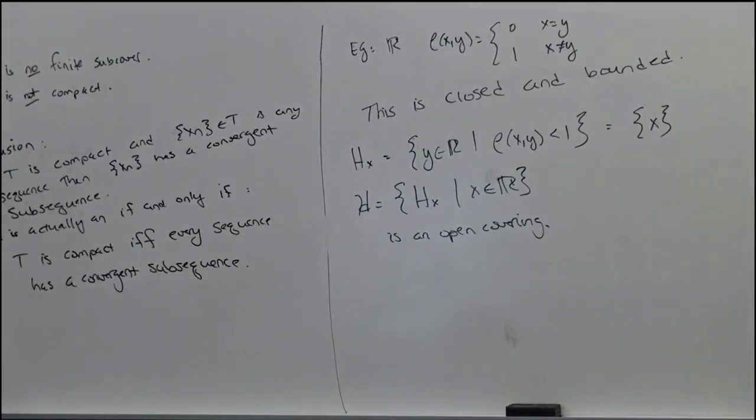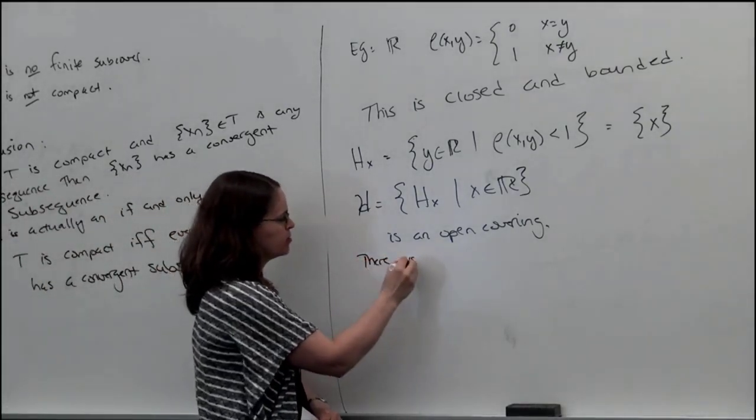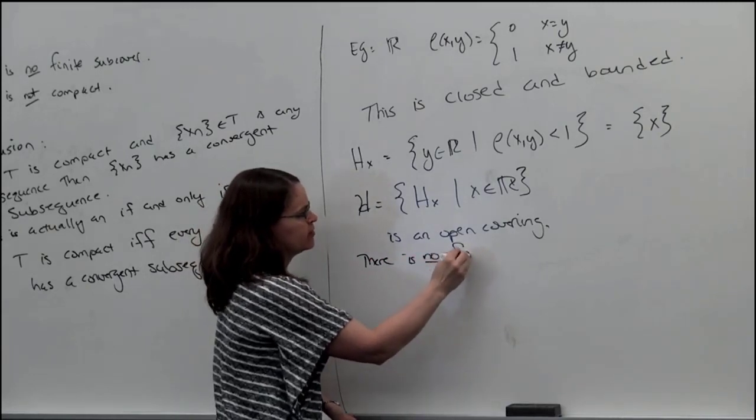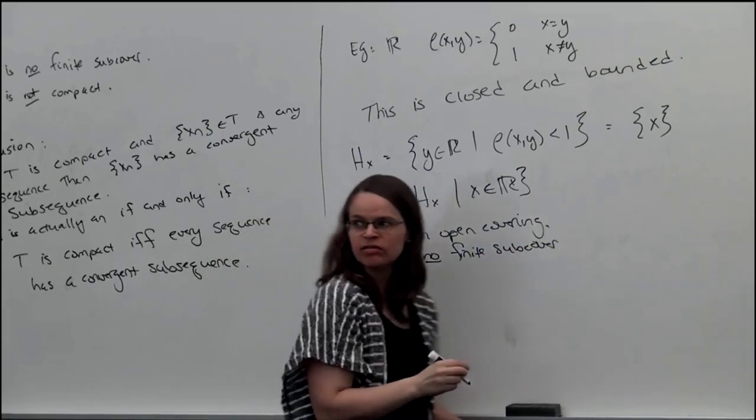But in this metric, I can't take a finite subcover. I can't get rid of any of these sets. They're all necessary because each of the sets in here is a singleton. There is no finite subcover. I can't throw out any of these sets, I can't even throw out one of them.